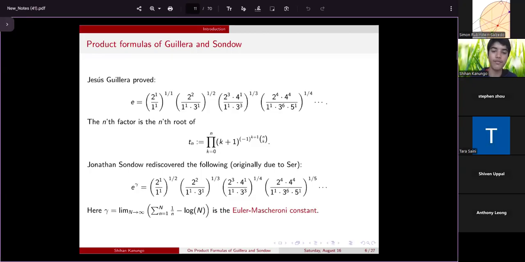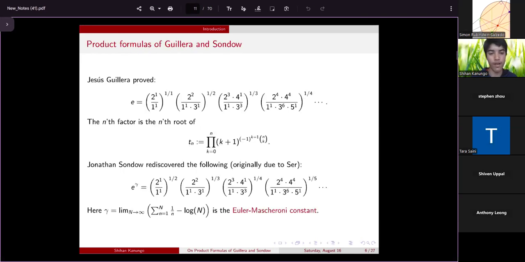It's surprising that if we take this formula and just change the exponents from 1/n to 1/(n plus 1), we get something that looks very similar. Now, a very natural question to ask is what comes next?